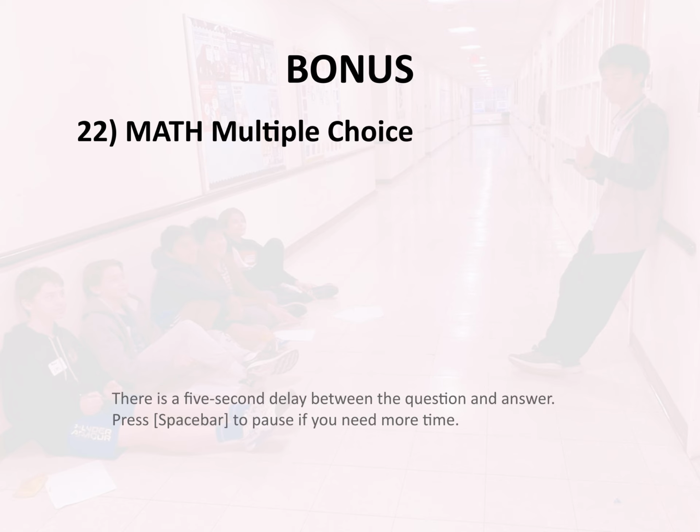Bonus 22. Math. Multiple choice. The hyperbola with equation y squared over 25 minus x squared over 36 equals 1 possesses which of the following characteristics? W. It opens left and right and has asymptotes y equals 5 over 6x and y equals negative 5 over 6x.